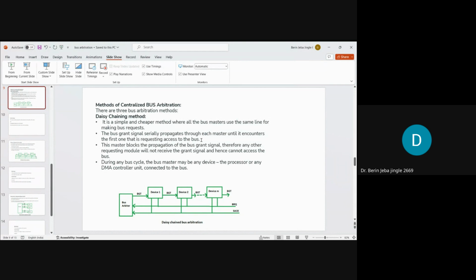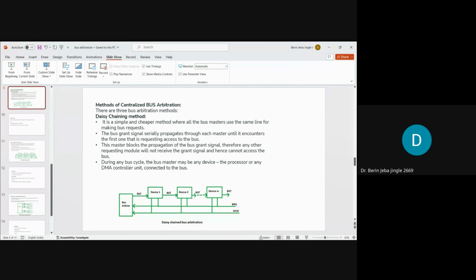So, did you understand the daisy chain method? What will it do? Yes, ma'am. It will block the other bus grant signals and lets one particular device use the bus. After that completes, the next request is granted the signal to use the bus.